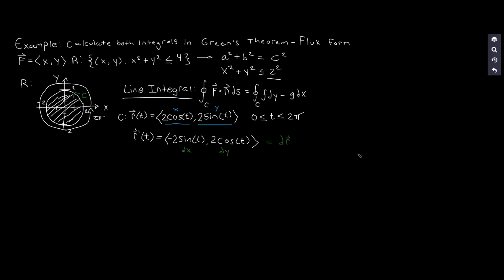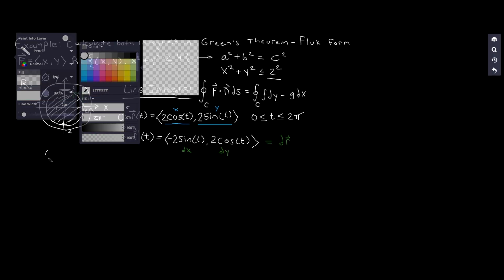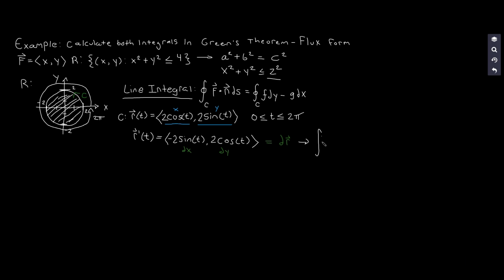So now we need to use this formula. We're setting up the integral, right? And we know that t is between 0 and 2 pi. So that's the integral from 0 to 2 pi for f dy minus g dx.